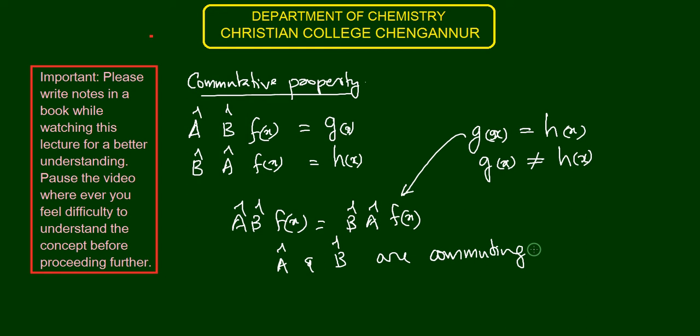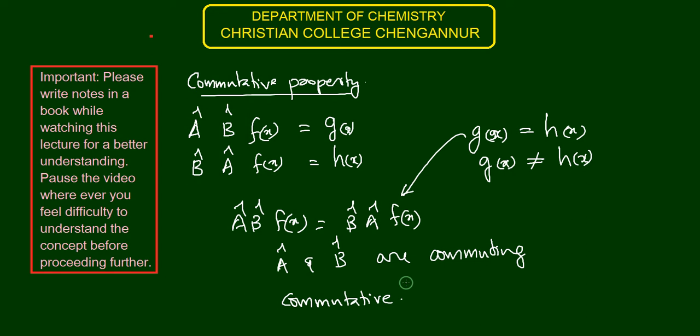If two operators are such that the result of their successive applications is the same, irrespective of the order of operation, then the two operators A and B are said to be commutative.